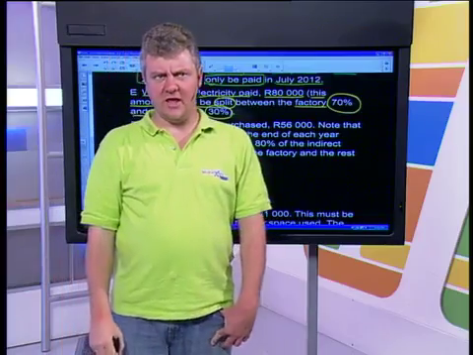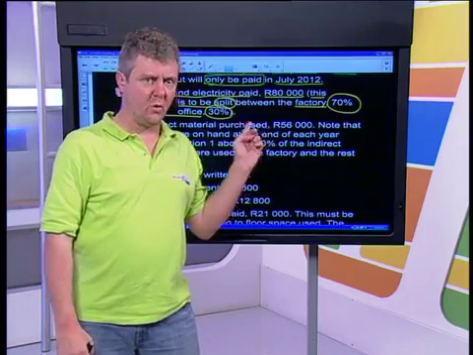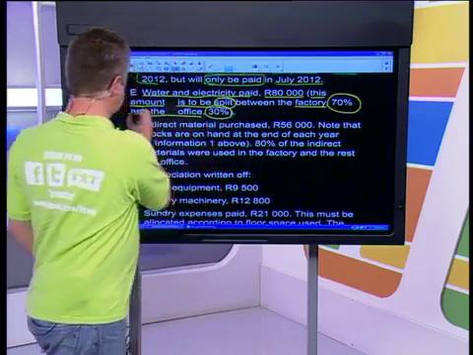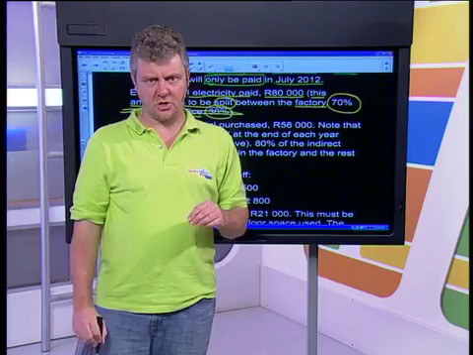What did we say earlier about our factory overheads note to the production cost statement? We said we're only including the factory expenses. We're not including anything to do with the office. We're not including anything with selling. So what we need to realize is that this 30% belonging to the office, we're going to ignore because that's going to go in the statement of income for the business. It's not going to go in the production cost statement.